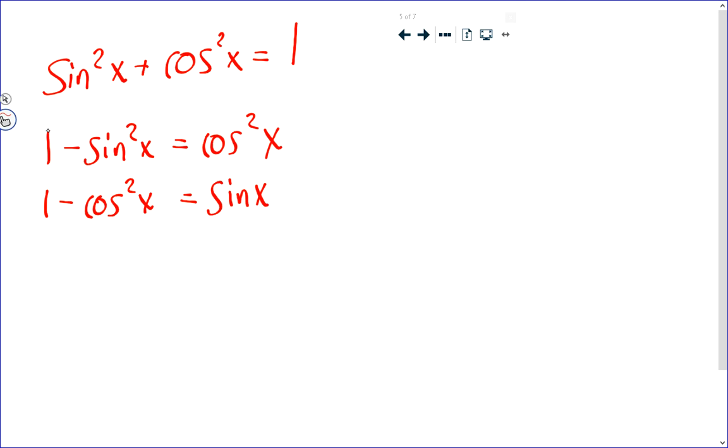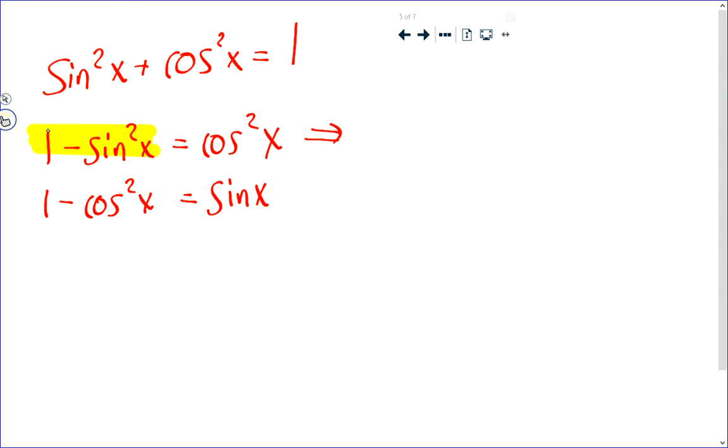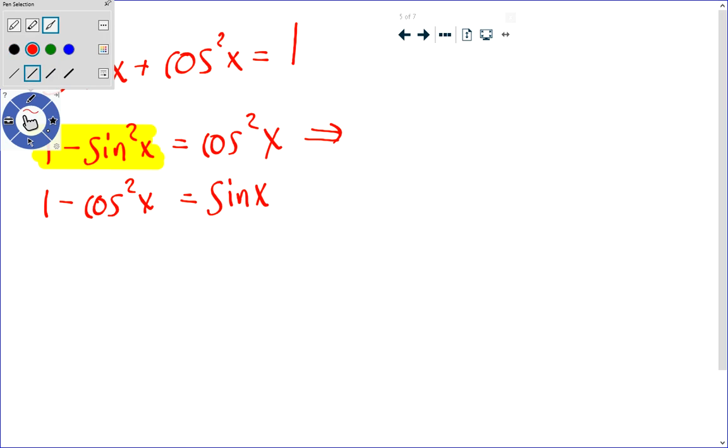But one of the things I want to talk about now, and we'll use the top one, is that 1 minus sine squared of x is a difference of squares. This can be factored. It can be factored into 1 plus sine of x, 1 minus sine of x.